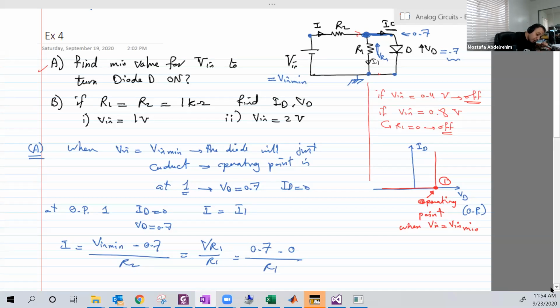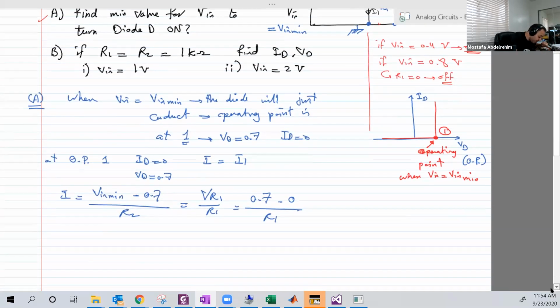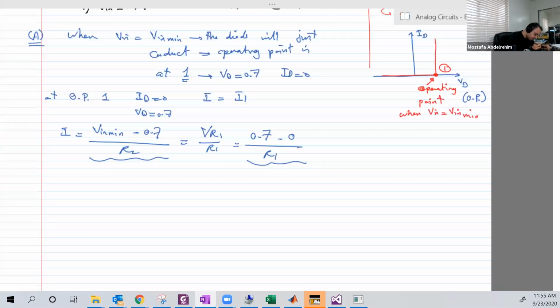Good. Now our equation has only one unknown, which is V input minimum. So Vin minimum minus 0.7 over R2 equals 0.7 minus 0 over R1. So Vin minimum minus 0.7 will be equal to 0.7 R2 over R1.